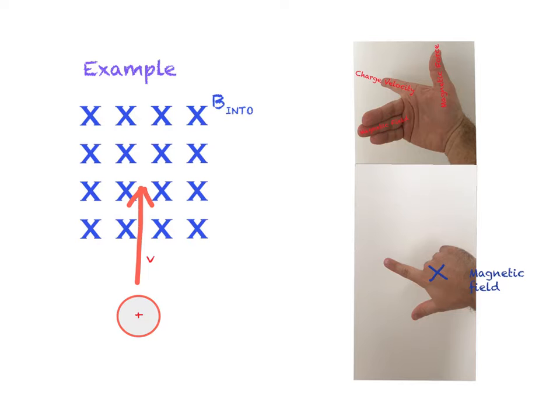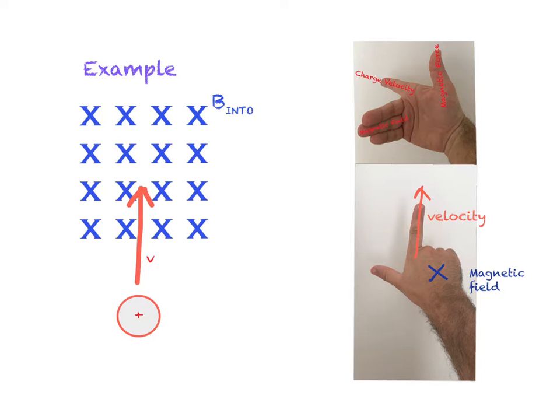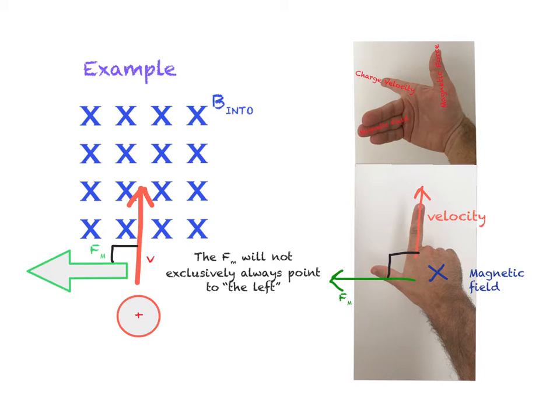I then need to make sure that my whole hand is rotated so that my index finger is pointing up or parallel with the velocity, which leaves my thumb pointing to the left. So my thumb pointing to the left indicates that the magnetic force that's acting on this positively charged proton is perpendicular to the velocity. Now, this force will not always stay pointing to the left, which is very interesting.